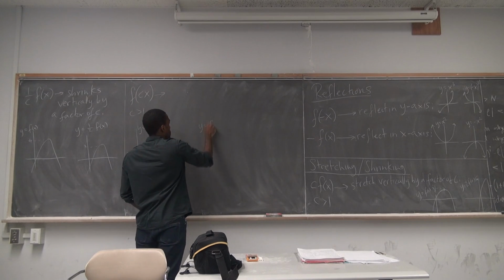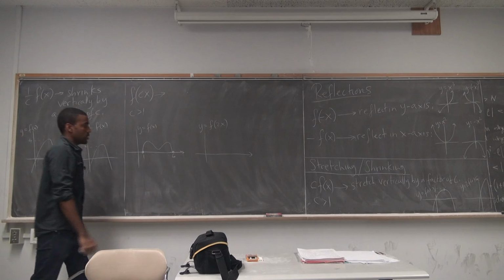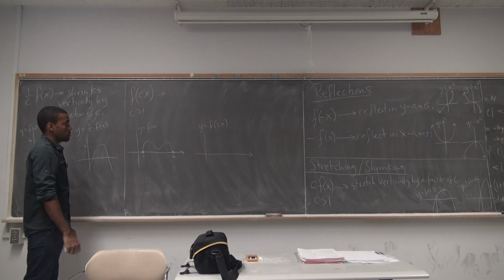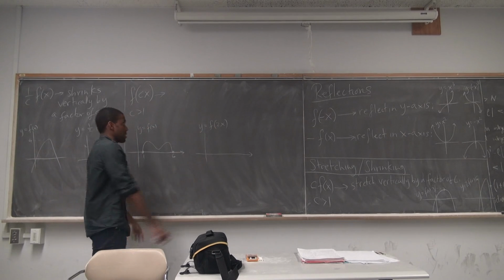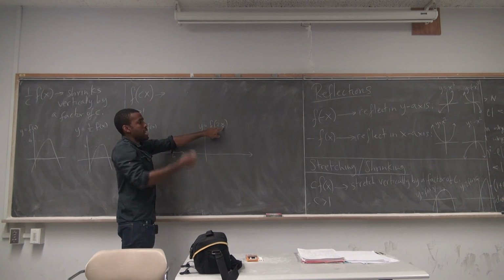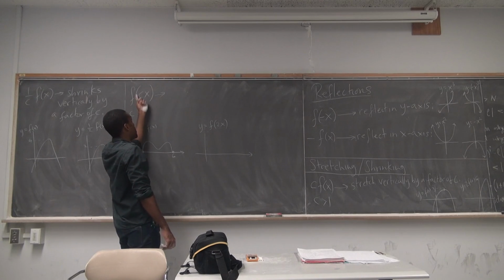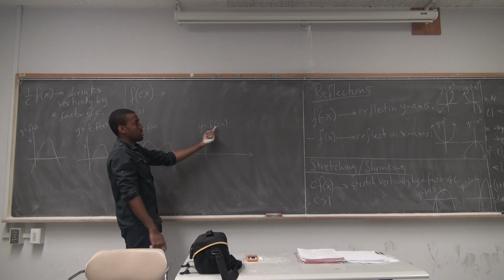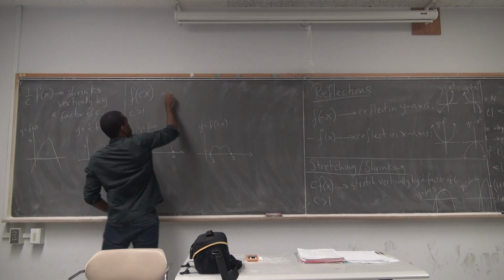So if I do y equals f of 2x, how would that graph relate to the original? 2 times f of x? You're stretching horizontally? Nope. On the inside, it actually goes the opposite. It's kind of weird. Because what happens is, if I multiply by 2, it means my x has to be half the original value to make the same corresponding y value. So when you're operating on the inside, things work kind of the opposite way of what you would think. Doubling actually means halving, right? So this thing will actually get smaller. This actually shrinks horizontally.